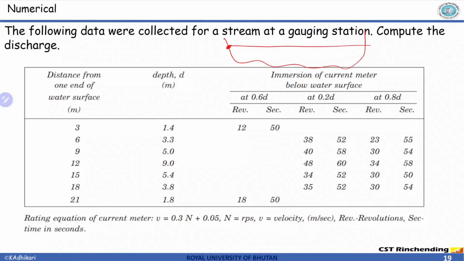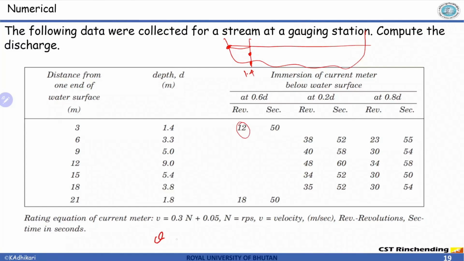For the first vertical the distance is 3 meters, and at this vertical the depth, this height, is 1.4 meter. The velocity is recorded at 0.6 d. In fact, velocity is not recorded, the revolutions are recorded, and the equation is also available for calculating our velocity.